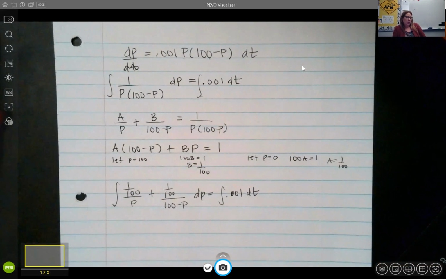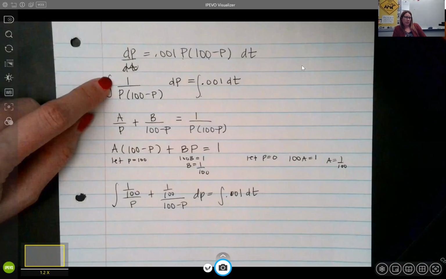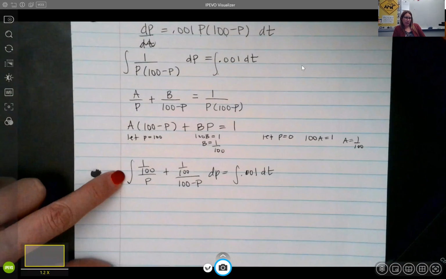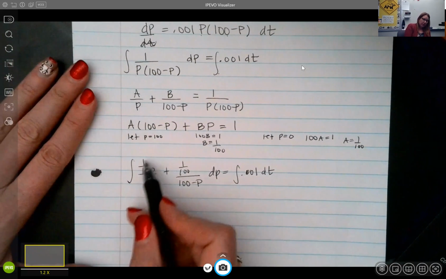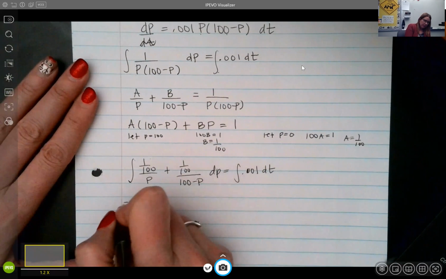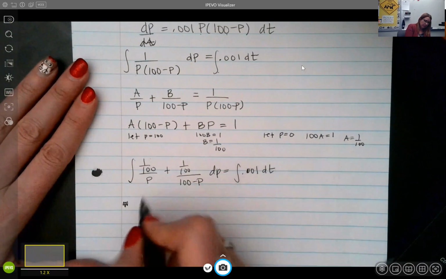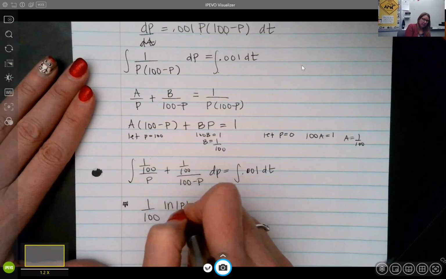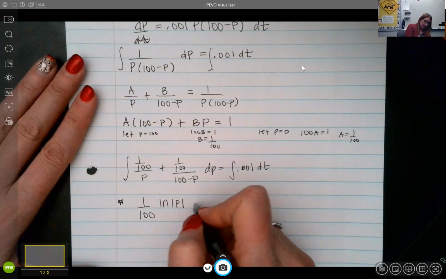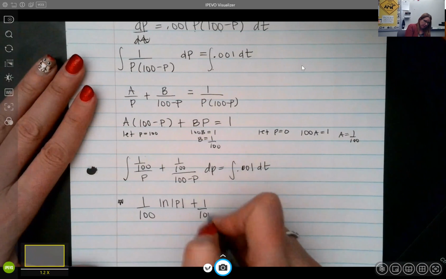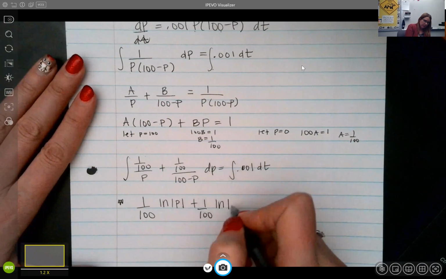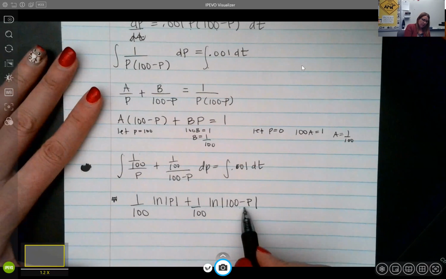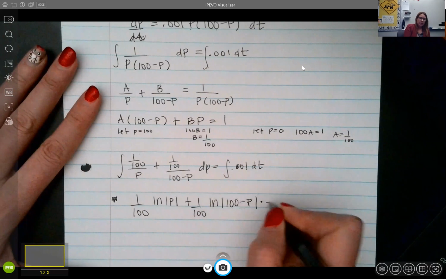Okay, so far we have separated the variables, and we've taken the integral, and to do that we had to do partial fractions. And now we're going to take the integral. The integral of 1 over 100 times P is going to be, I'm not going to put an equal sign because there's one in the equation, 1 over 100 times the natural log of P. And then this one is going to be 1 over 100 times the natural log of 100 minus P. But remember, I have this negative P inside, so I have to put that times negative 1, since it's an integral.